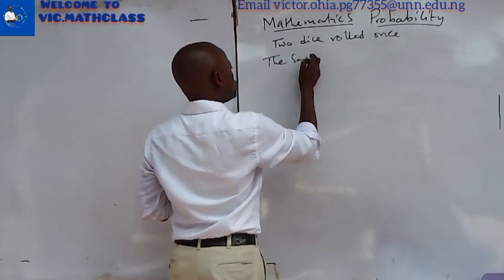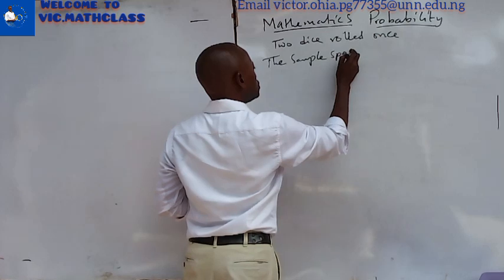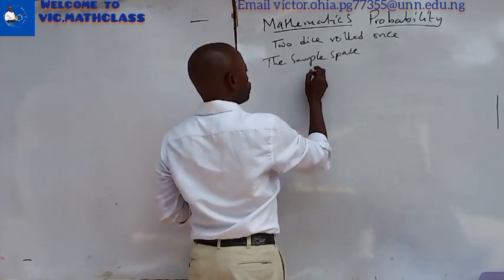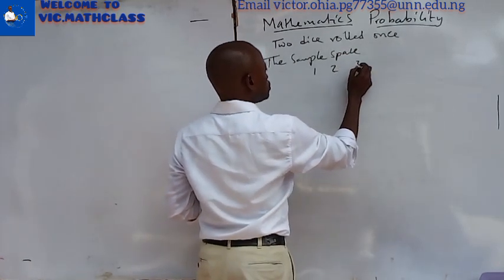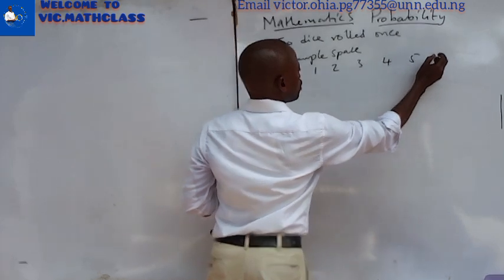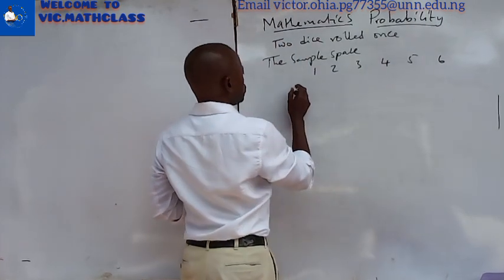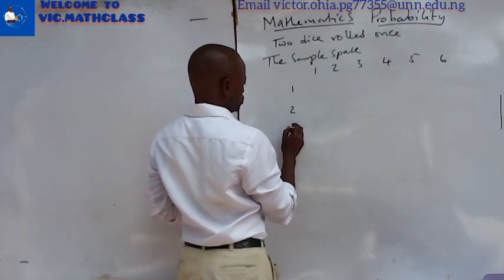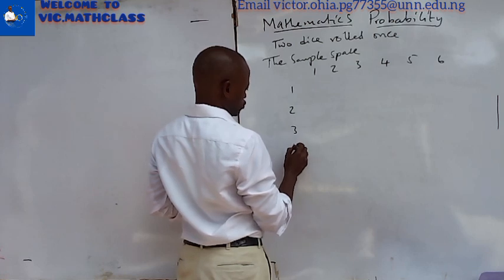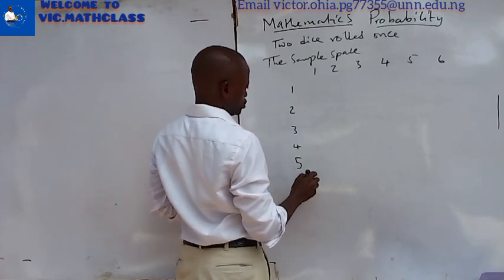The sample space will be: we have 1, 2, 3, 4, 5, and 6 on one die, and 1, 2, 3, 4, 5, and 6 on the other.